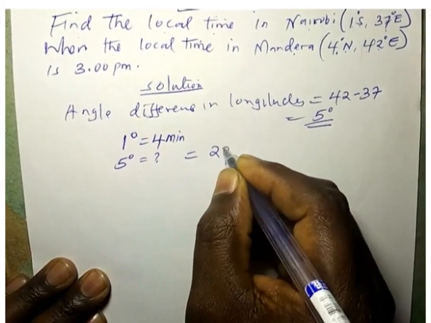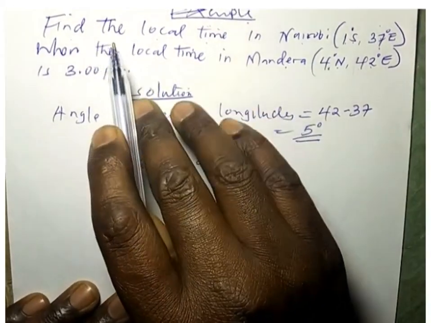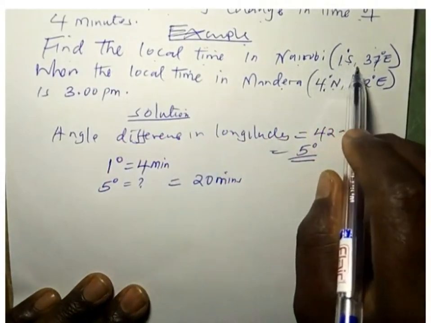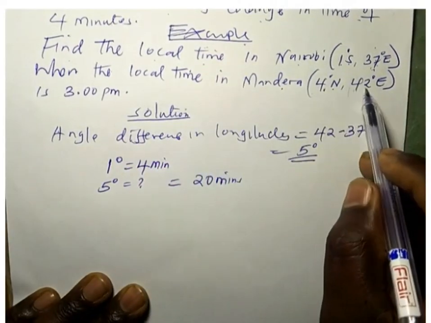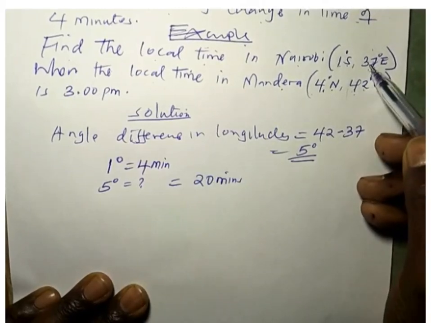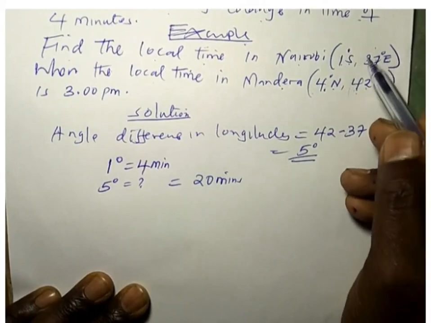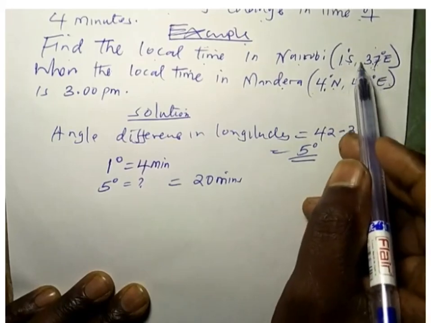This one will give us 20 minutes. But as you can see, Nairobi is 37 east, and Mandera is 42 east, meaning that Mandera is ahead of Nairobi.